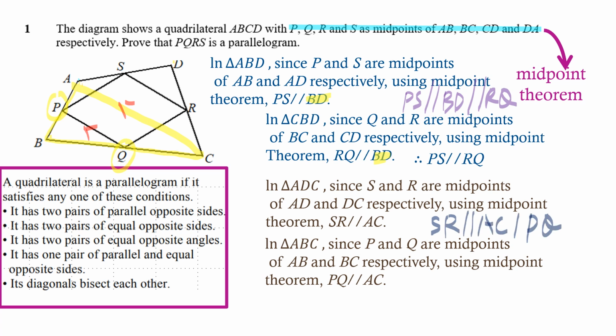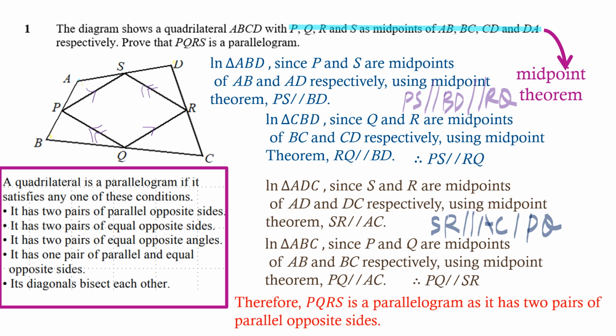So the conclusion we can have here is PQ is parallel to SR. So I actually have two pairs of opposite parallel sides: PS parallel to QR and PQ parallel to SR. Therefore we can conclude that PQRS is a parallelogram because it has two pairs of parallel opposite sides.